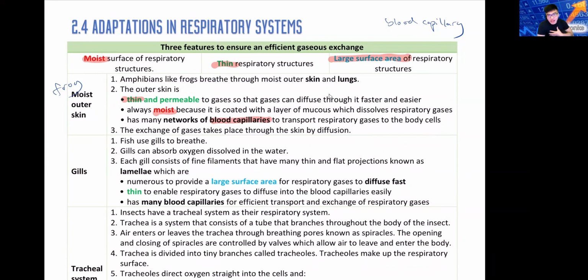Our lungs work very well on land, whereas the gills of a fish work very well in water. For frogs, yes, they have two organs, the lungs and the skin, but it's kind of half-half.